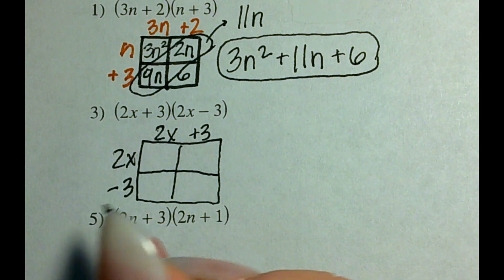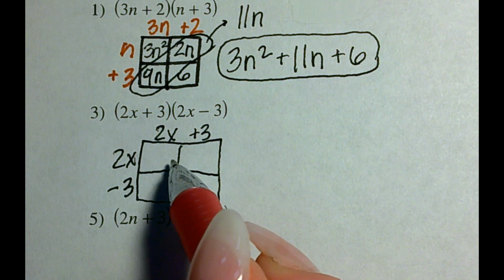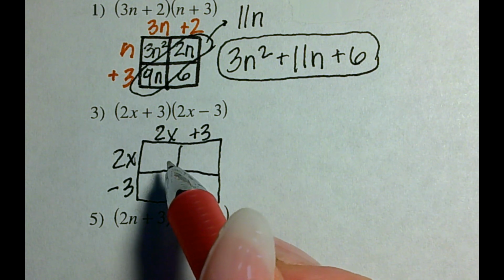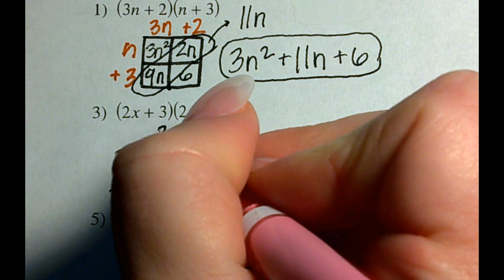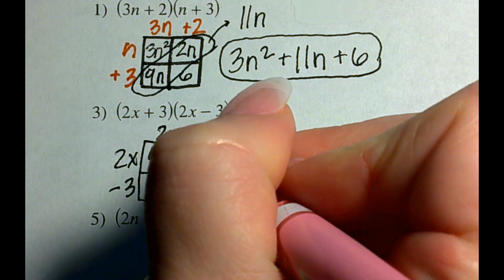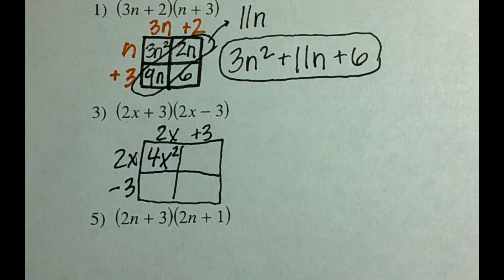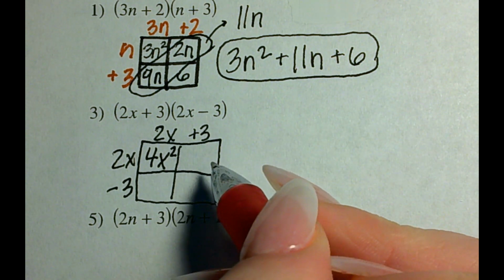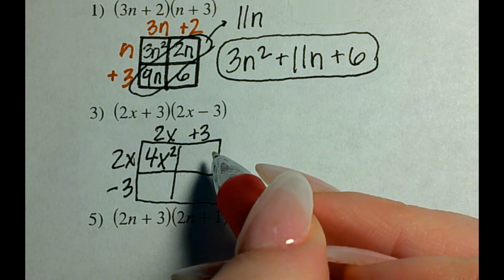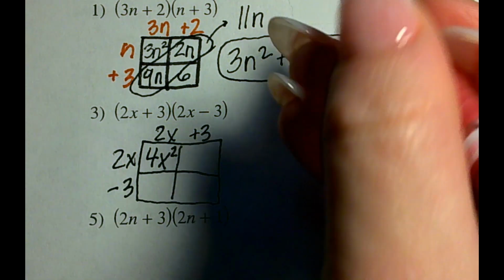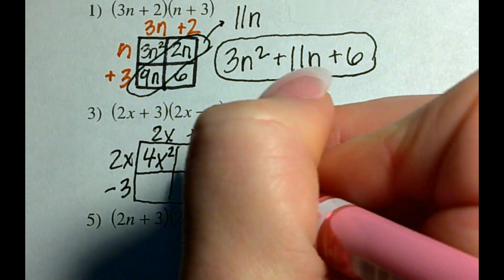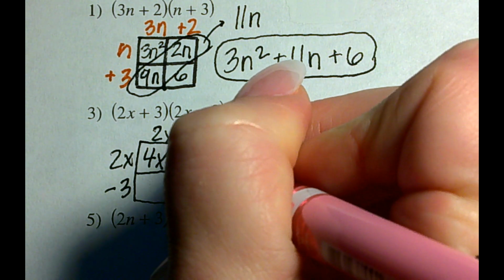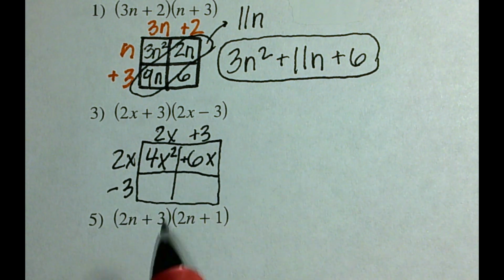All right. First box. What do I multiply? 2x times 2x, which gives me 4x to the second power. What do I multiply in my next box? Plus 3 times 2x, which is 6x. I'm going to get back in the habit of writing my pluses.